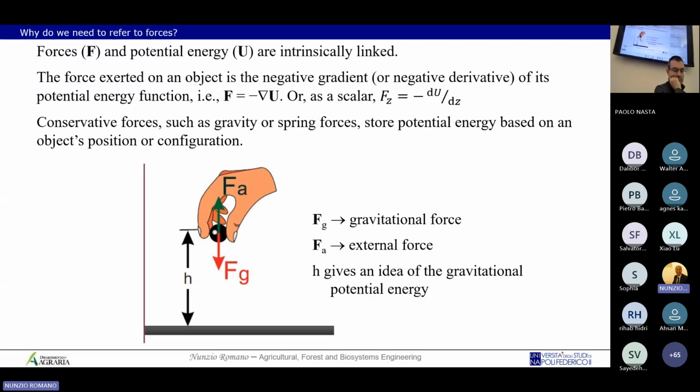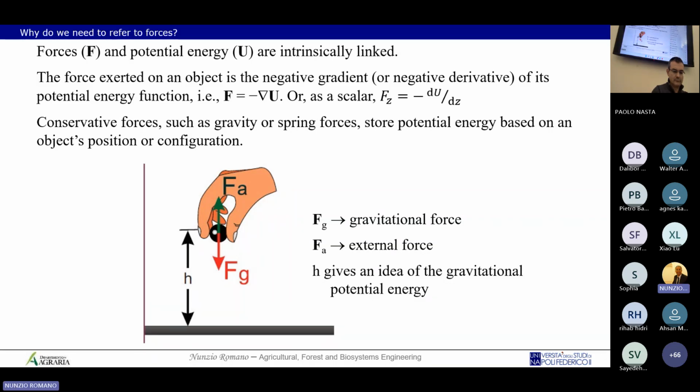Then there is an external force that maintains this ball at a certain height with respect to a reference, for example, your desk or your floor. So this means that if the external force disappears, the ball has the potential to make a work to move from the upper level to the lower level, and the H in this picture gives us the idea of the gravitational potential energy.